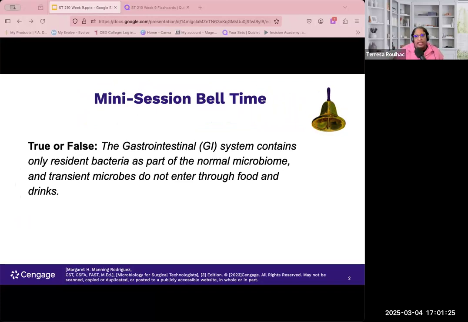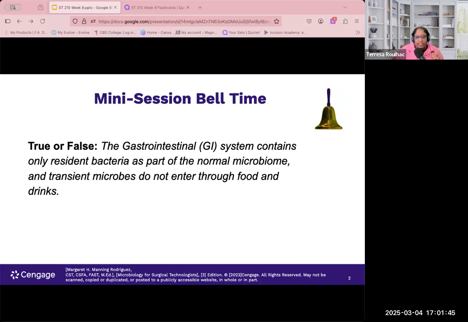What do you think this is? And it's just true or false. You can guess. That is correct. The GI system contains both resident bacteria, which are part of the normal microbiome, and transient microbes that enter through food and drink. So, yes, in case you see this question.